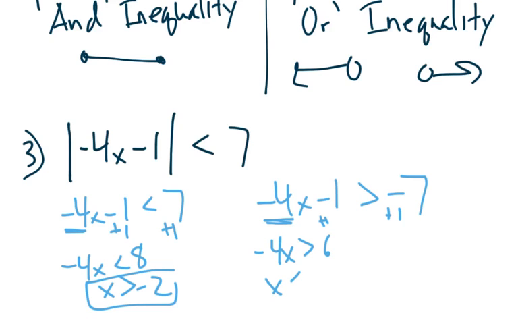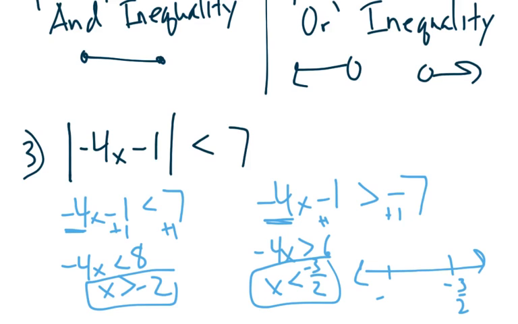So x is less than 3 over 2 of the negative kind when you divide by negative 4 and reduce. And then when we go to graph it, we're going to be negative 3 over 2, negative 2, open circles, bounded, like that. So you just have to be very mindful and be very careful as you're going through this.